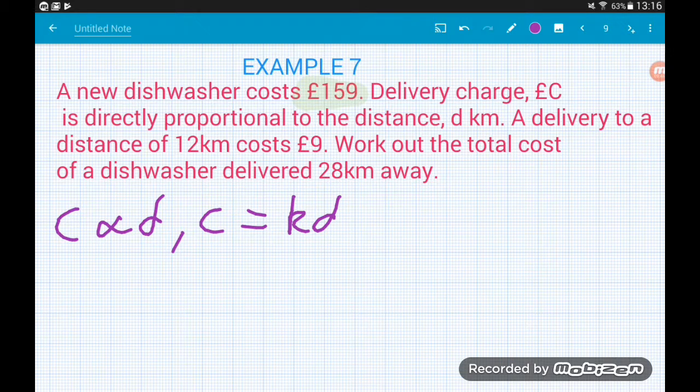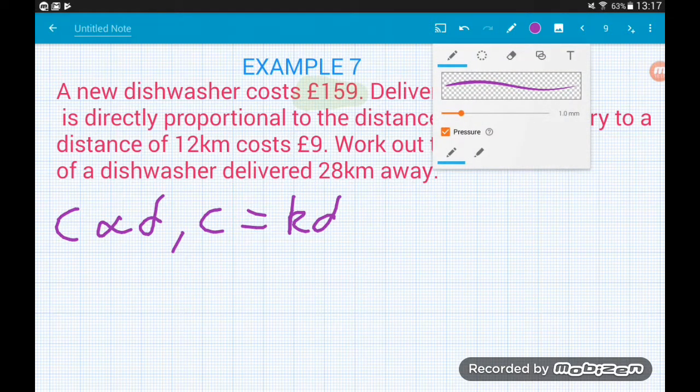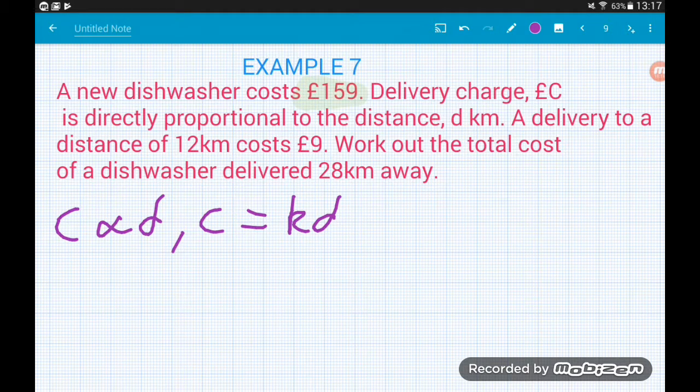Cool. Then we know we're given initial conditions. A delivery to a distance of 12 kilometres costs £9. So those are our initial conditions. So up to there, we now have enough information to work out the exact relationship between the cost and the distance of delivery. So let's do that. We know that a delivery to a distance of 12 kilometres costs £9.